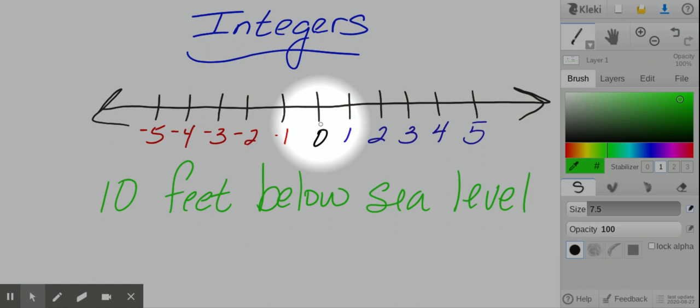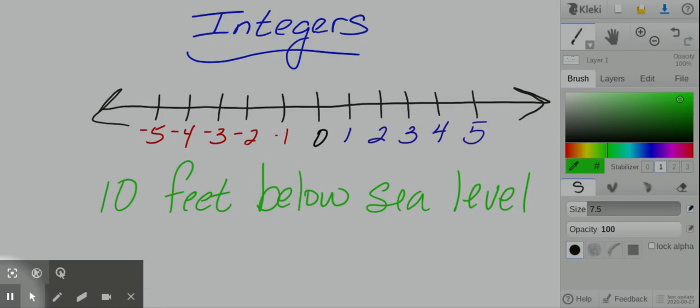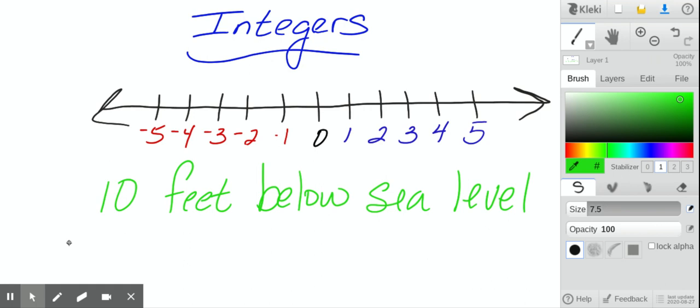So if we're going 10 feet below sea level, would we go to the left on our number line, or would we go to the right on our number line? Well, we're going below. We're going down, right? So I would be going to the left. So in order to represent 10 feet below sea level, I would write that integer as a negative 10.